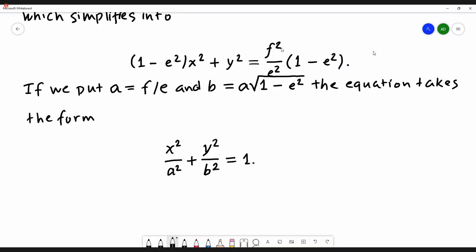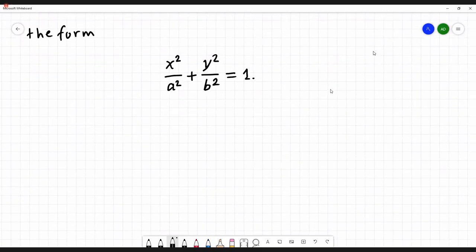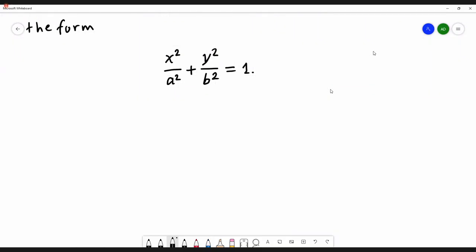For this canonical equation, it is evident that when y is equal to 0, x squared is equal to a squared, so x is plus or minus a.